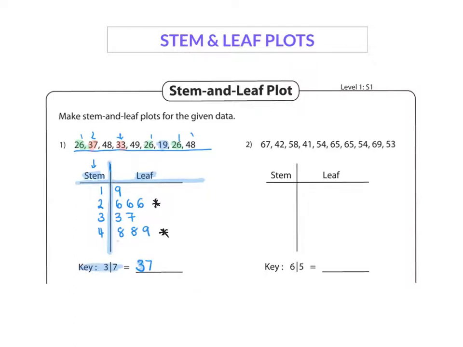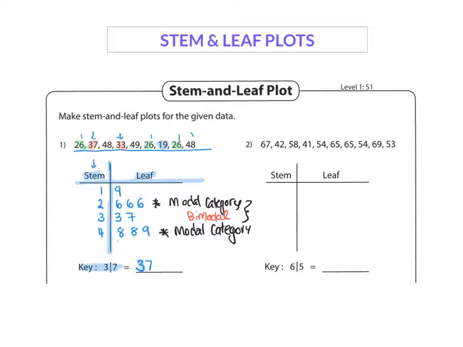So we might call this the modal category, but so could this one. When we have two modal categories, it's known as bimodal. We might just take note of that, because there's two, bi meaning two.